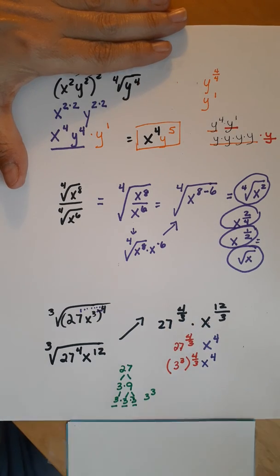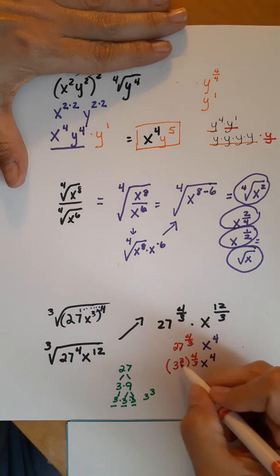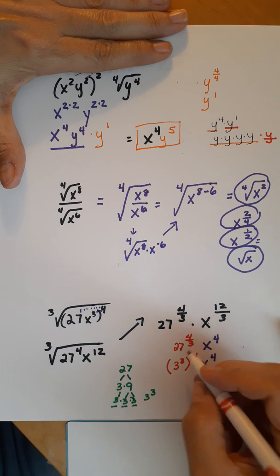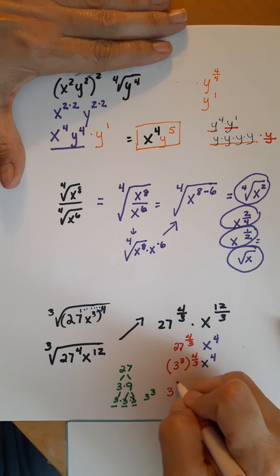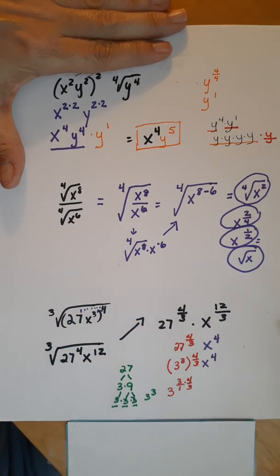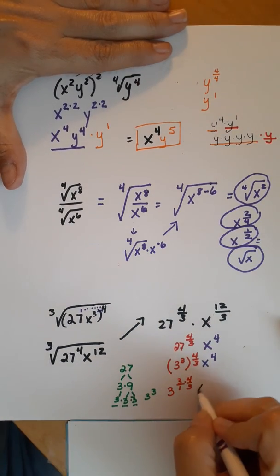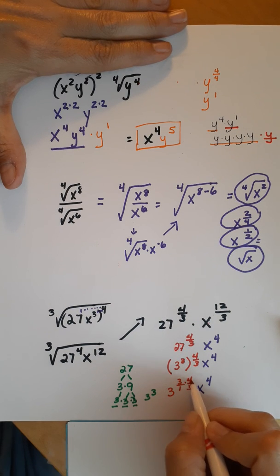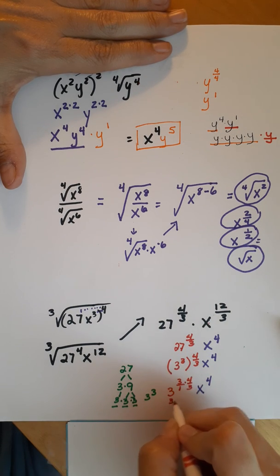All right, well, let's multiply this now. Here's my 27, right? 3 times 4/3, because I'm taking a power to a power, and I multiply them. So 3 over 1 times 4/3, and x to the 4th. Well, when I do that, 12 divided by 3.